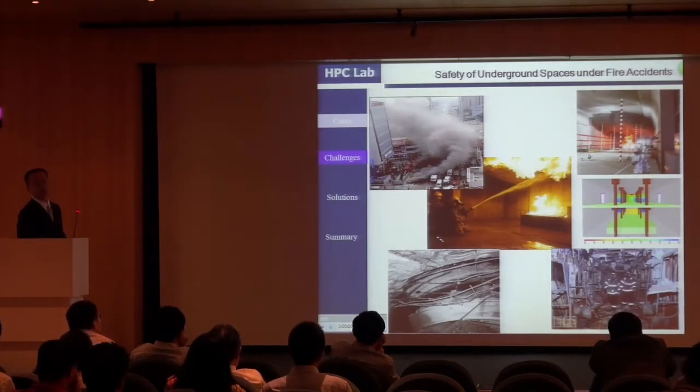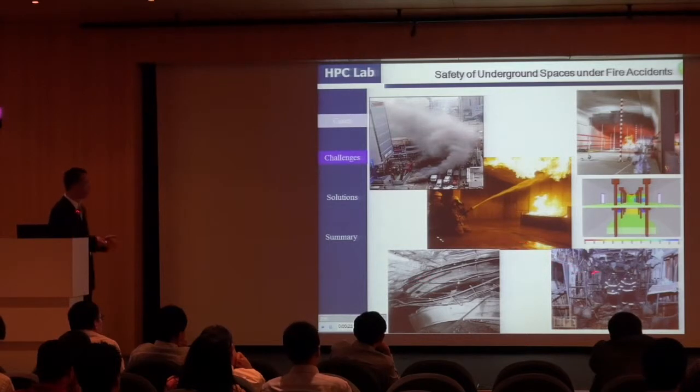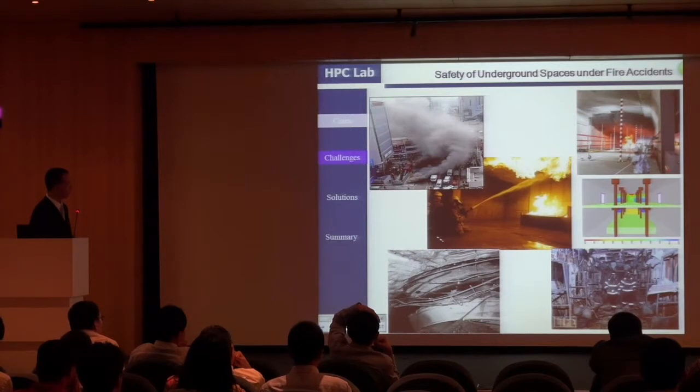This is another issue about safety. Usually, underground compared with upward structures, it is difficult to put out a fire if there is an accident. So that would influence the safety, durability and also the suitability of the underground.